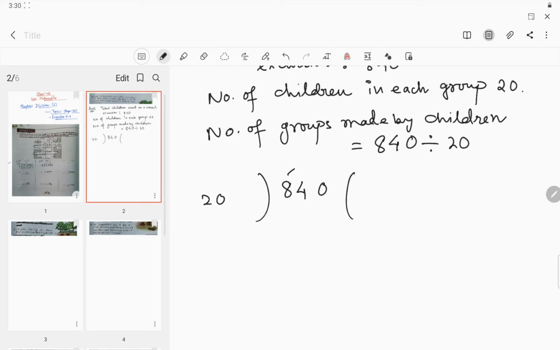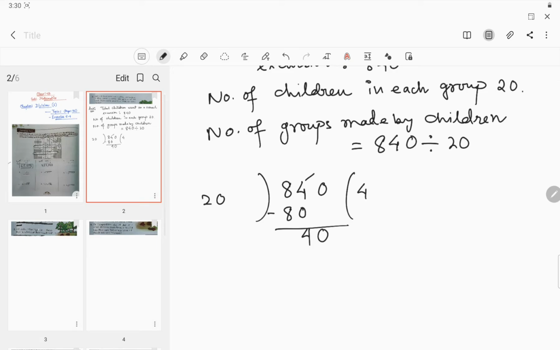At first if you take 8, you can't divide, so you have to take 84 as the dividend. Now 4 20s are 80, which is the nearest one, and if you subtract you will get 4. Now bring down 0.